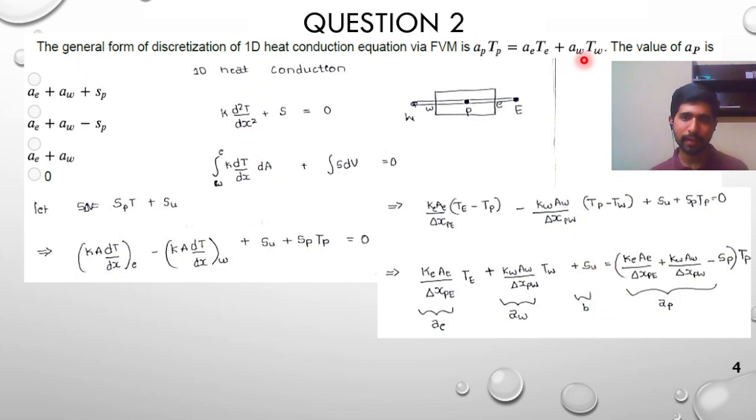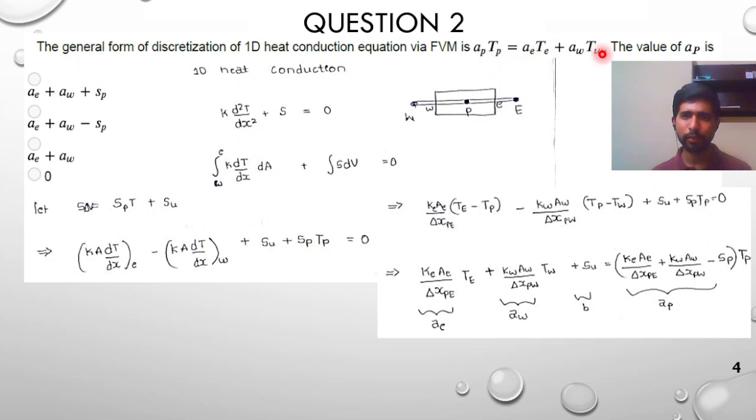Again, as I said, there is no B term here, so I think they have taken SU as 0 or something. Let it be AE into TE plus AW into TW, and your AP into TP. Now one more thing, I think it should be capital E and capital W for temperature.